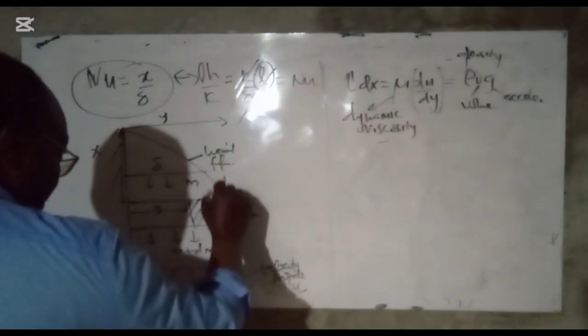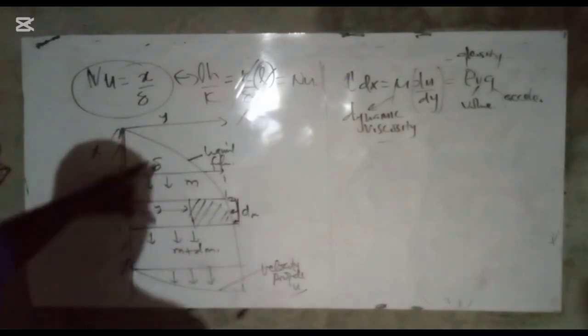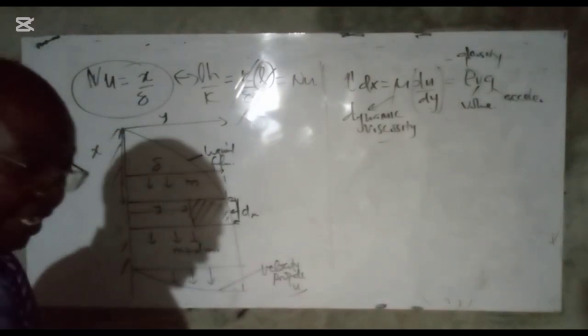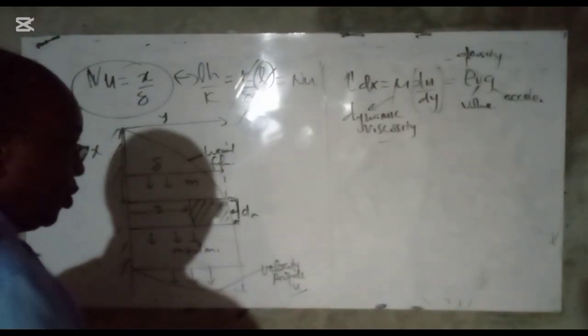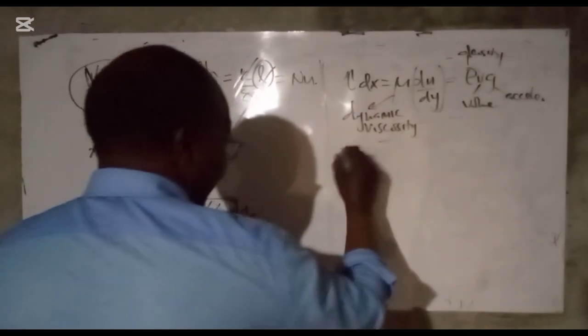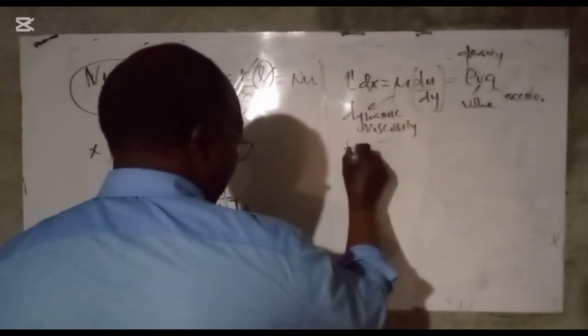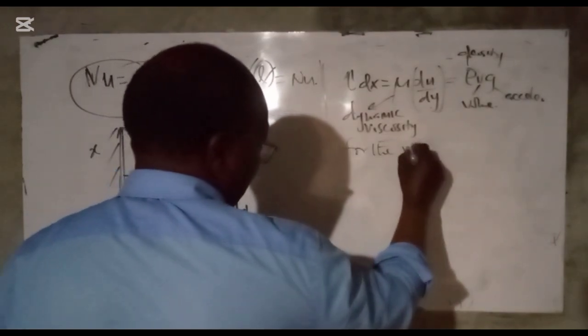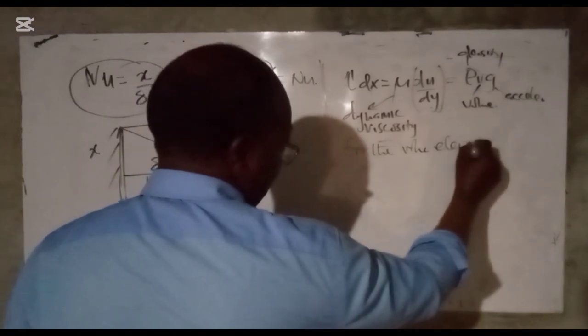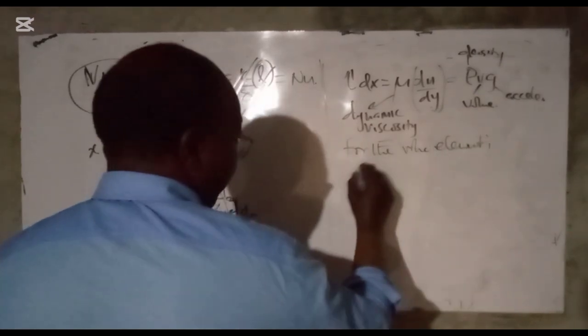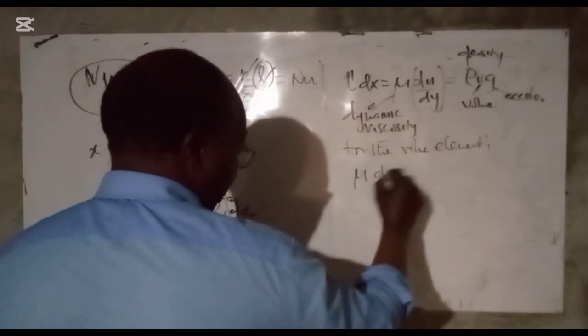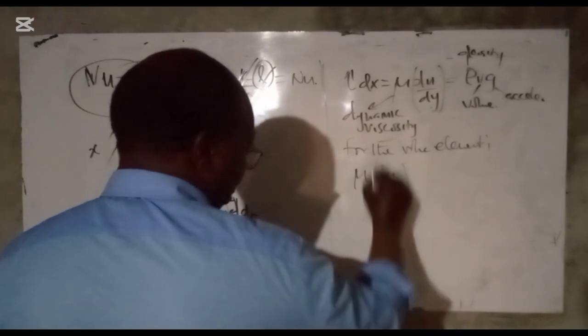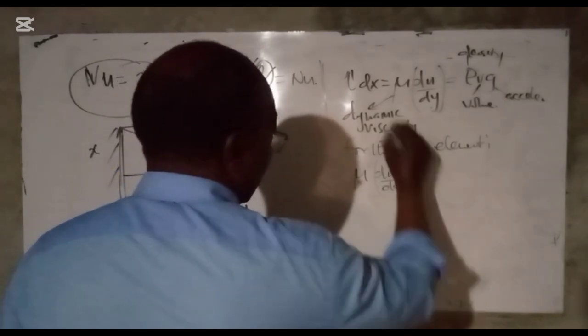So for the volume element here, that is of length sigma minus y, and the rest are unit dimensions, we can represent that as mu du dy dx.